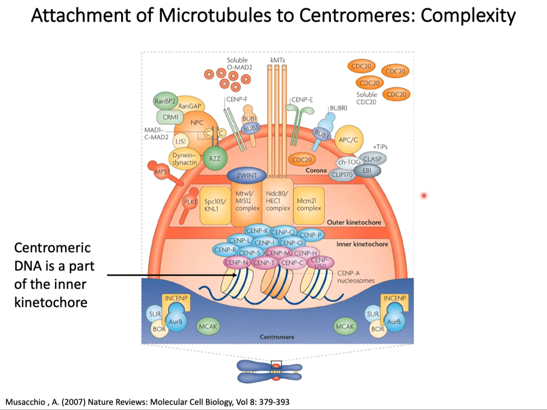The first thing that I want to point out is the organization of the microtubule to centromere attachment complex in a little more detail. You can see that the microtubules are attached to the outer kinetochore complex, traversing through the corona. Then you can see that the inner kinetochore protein complex contains the centromeric DNA wrapped around the histone to form a nucleosome.